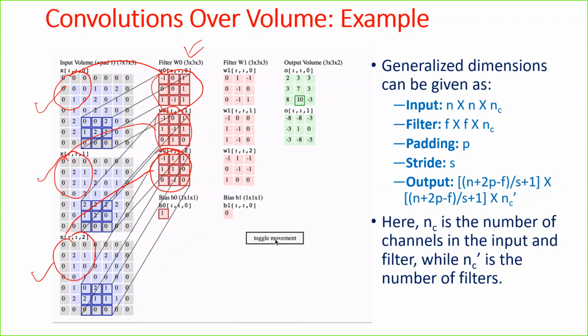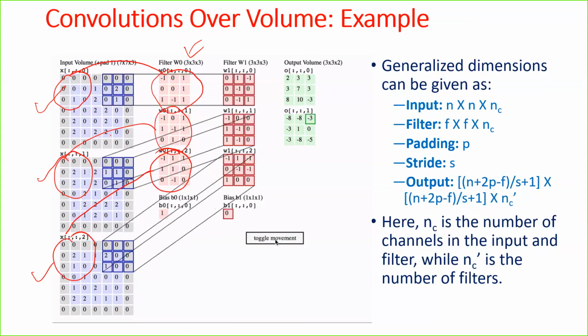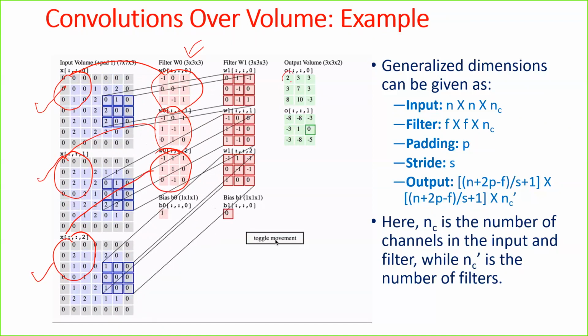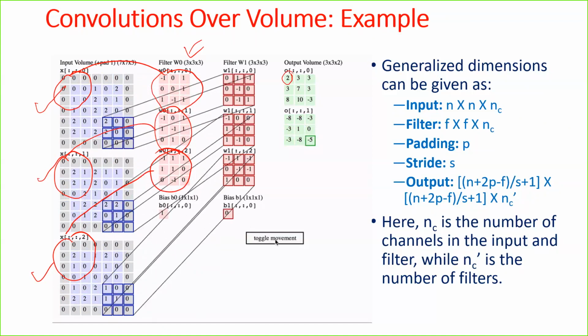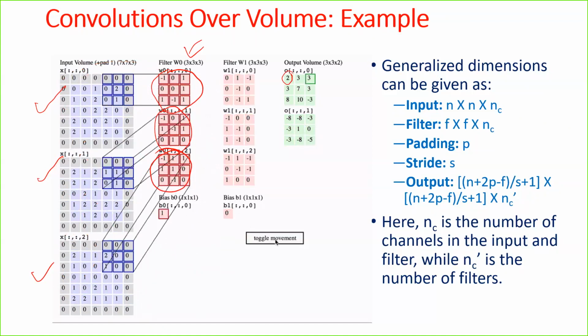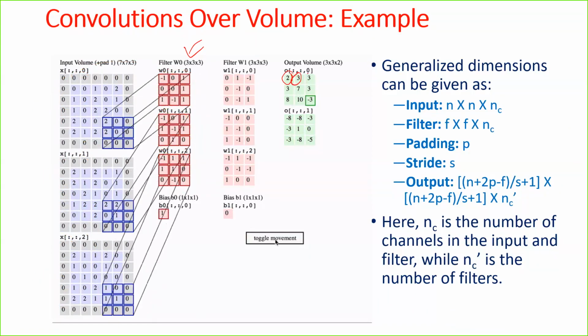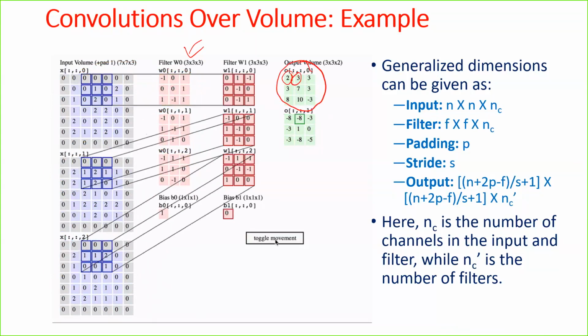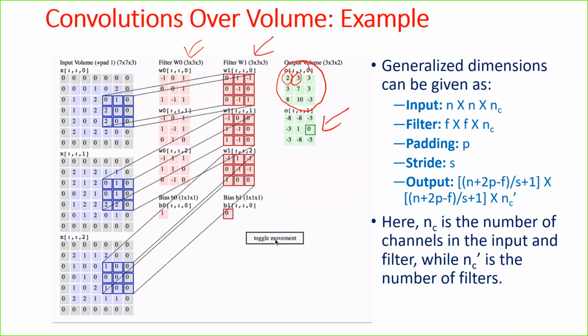Perform the convolutional operation, take the sum over that and give it to the activation function, then you will get a particular entry. Now move this one position right and perform another convolutional operation and you will get another entry. Repeat this process throughout the image, then you will get one channel in the output image. Similarly, when you apply the second filter, you will get the second channel and so forth.